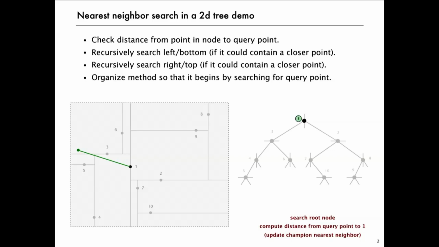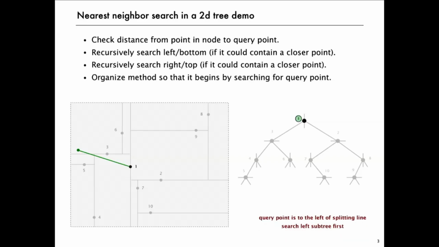So the first point is the closest we found so far to the query point, so we'll save number one as the distance. And we'll only worry about the possibility of finding something closer than that. Using that distance, we recursively search any part of the tree that could contain a closer point. And that's what we'll continue to do.